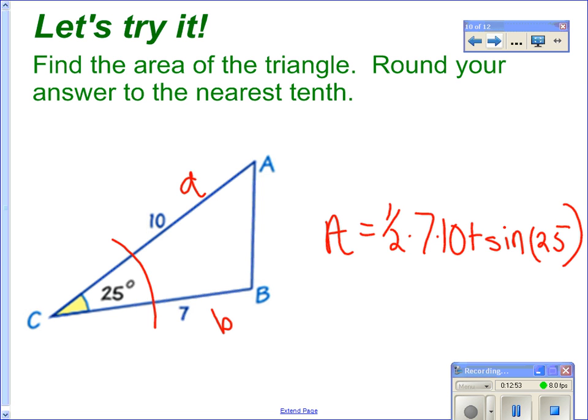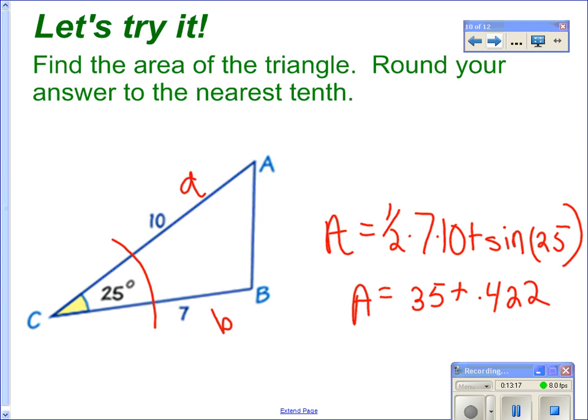Now I'm going to use my calculator. I'm going to do 0.5 times 7 times 10, which is 35, plus sine of 25, which is 0.422.